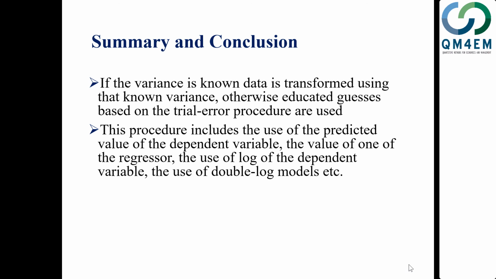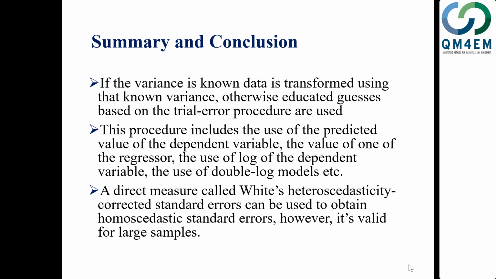For example, using the predicted value of the dependent variable, or the value of one of the regressors, or the square of the regressor, or the use of the log of the dependent variable or double log models. We used some of these methods in Eviews as well, and we saw that at the end the problem was solved by one of these methods. There was also a direct method which is called the White heteroscedasticity-corrected standard error method, that instead of transforming the data directly provides us homoscedastic standard errors. However, this procedure is valid only for large samples. So that was the entire discussion.